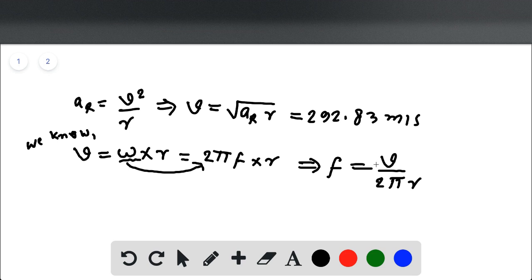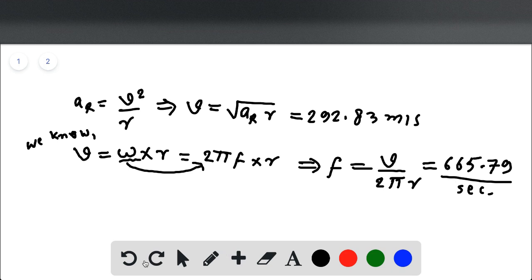This should give me the value of the frequency to be 665.79 revolutions per second. Okay.